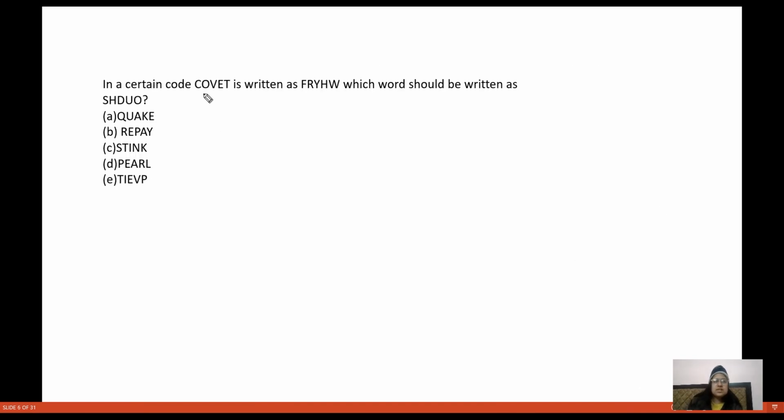Similar question: in a certain code, COVET is written as FRYHW. Which word should be written as SHDUO? C is corresponding to F. C is 3, F is 6.